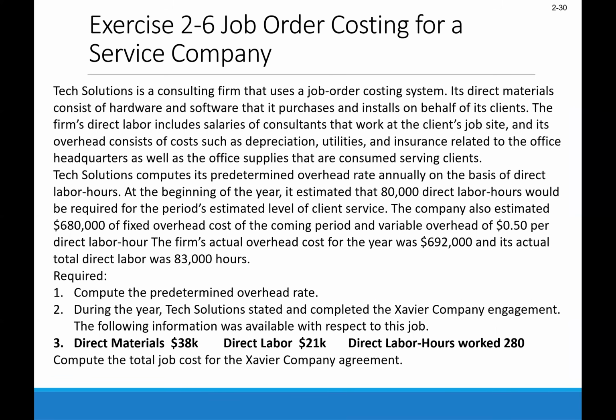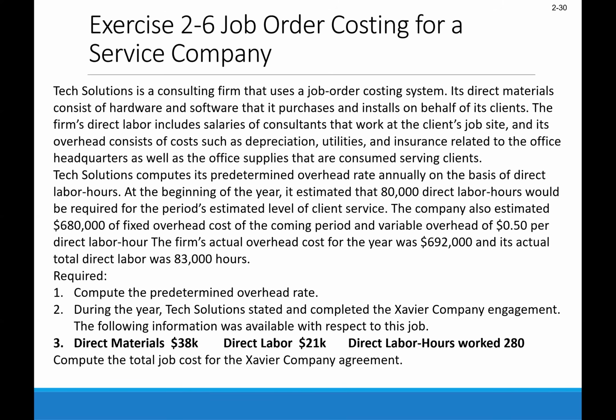Tech Solutions is a consulting firm that uses the job order costing system. Its direct materials consist of hardware and software that it purchases and installs on behalf of its clients. The firm's direct labor includes salaries of consultants that work at the client's job site, and its overhead consists of costs such as depreciation, utilities, insurance, as well as office supplies.